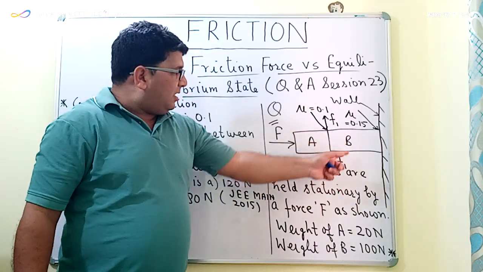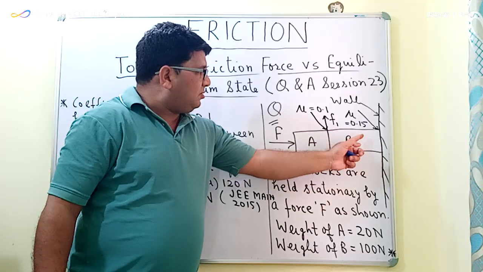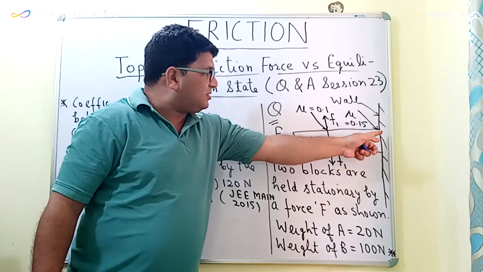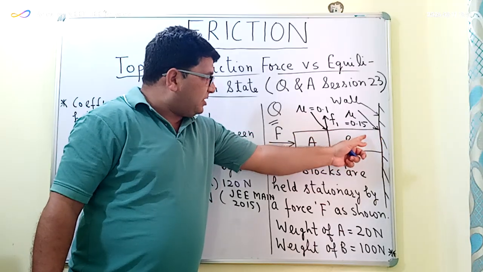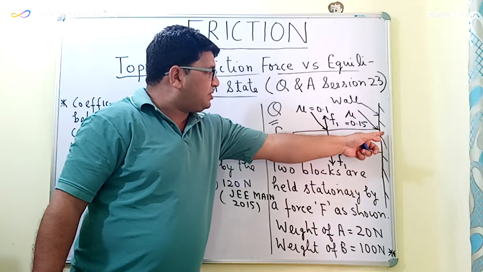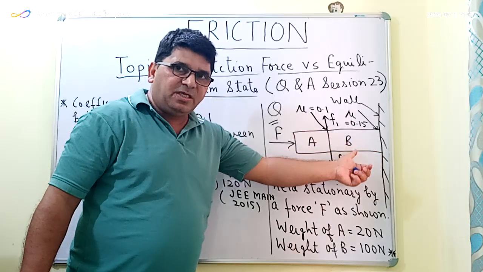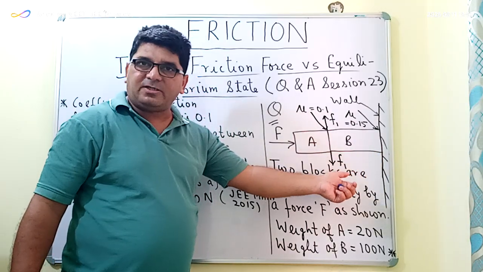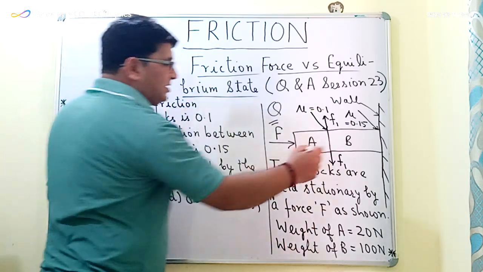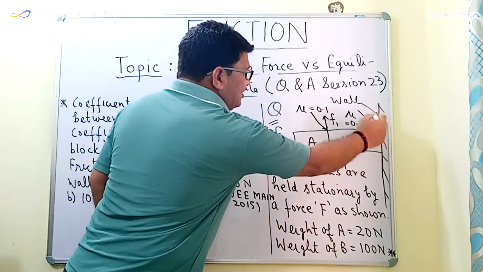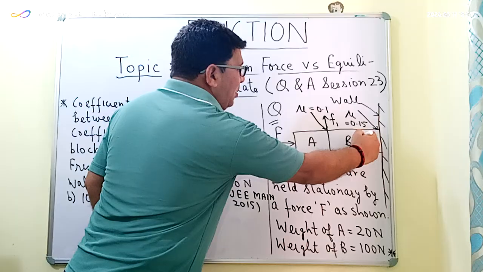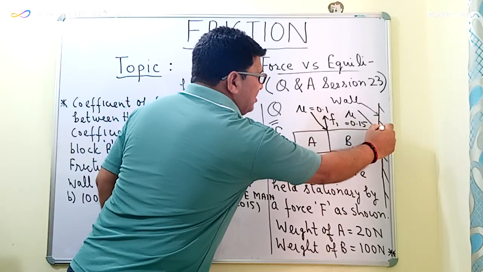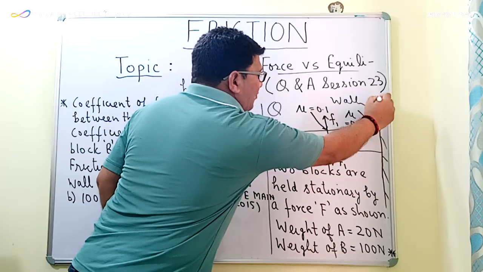So now let's move on to the block B and this wall. Now here this wall is stationary. So with respect to this wall, this block B has a tendency to move downward because of its own weight. So the force of friction at the interface of this wall and the block B will be in the upward direction.